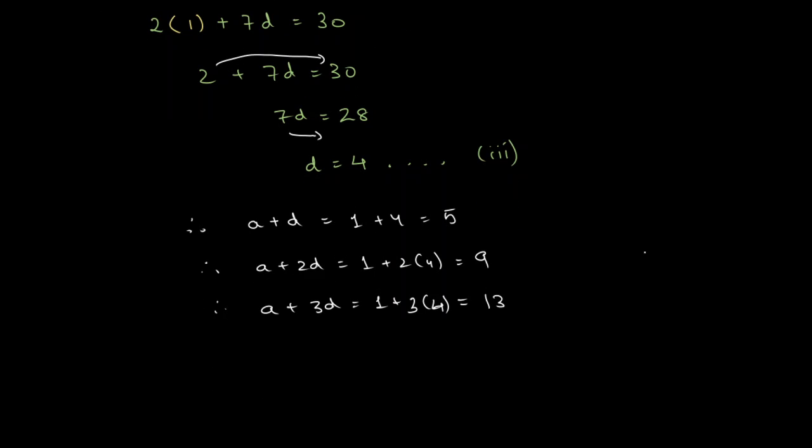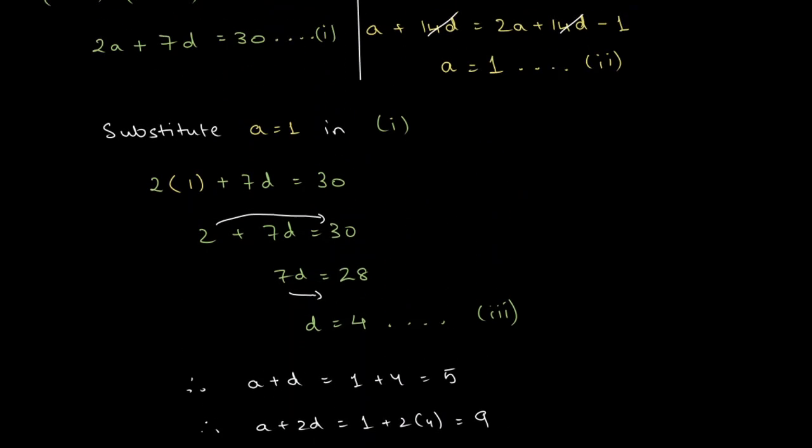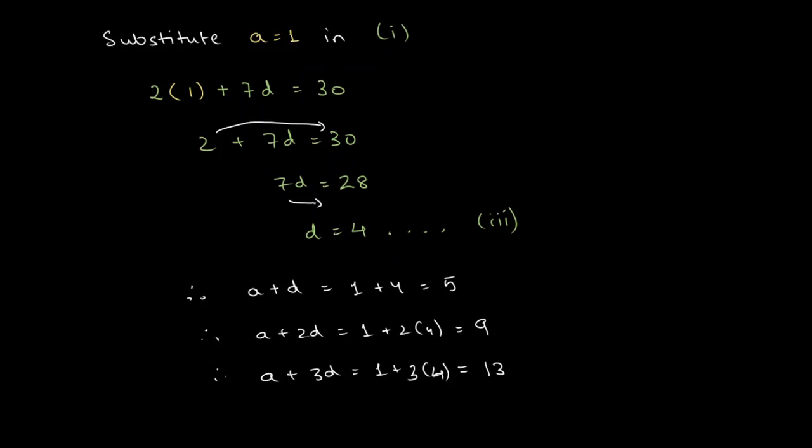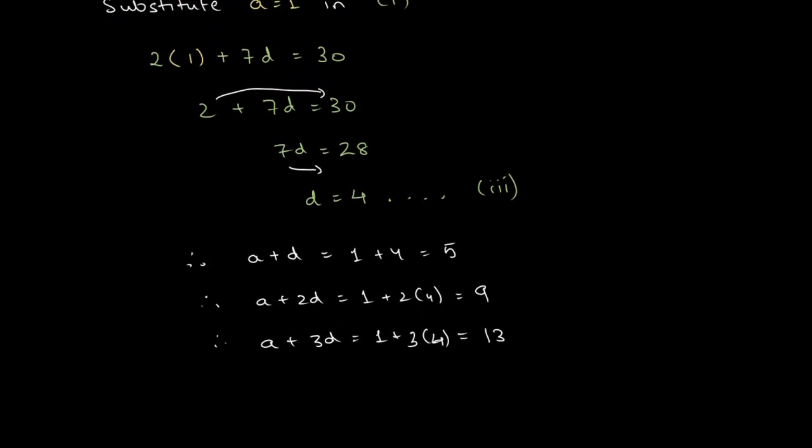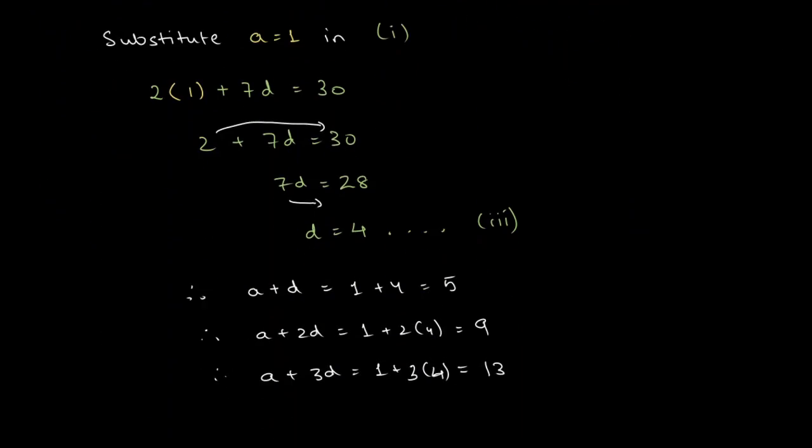And so on. I just need to keep adding 4 to every successive term to get the next successive term, right? So that's my AP. The first term is 1, then we have 5, 9, 13, and so on. So find the AP is the question.